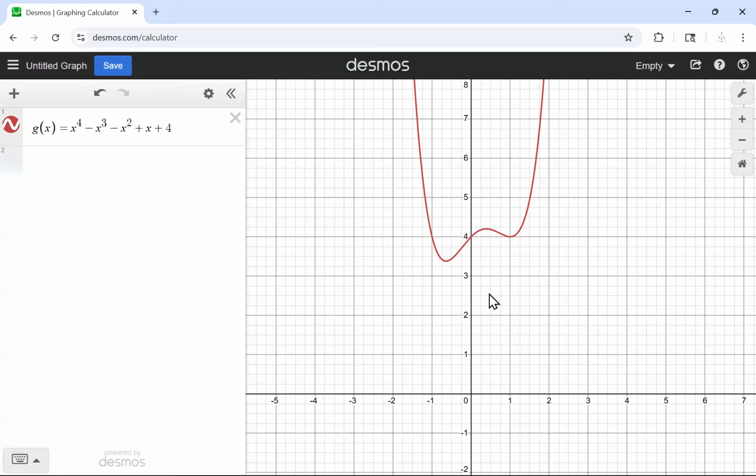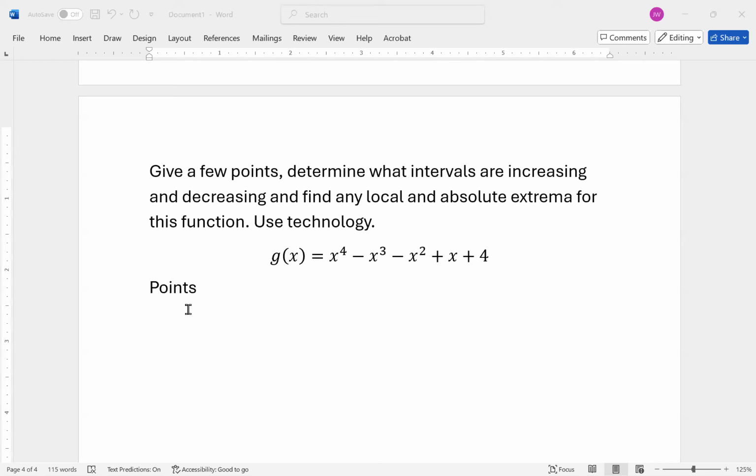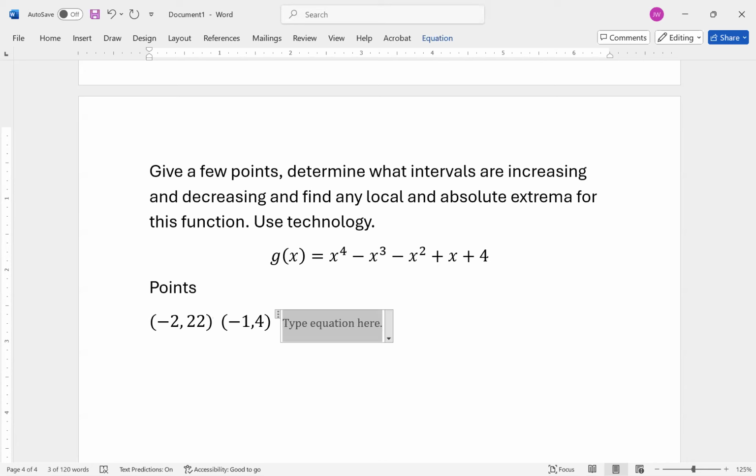Let me write those things down before we move on. So we were supposed to find a few points. We said (-2, 22) was one of the points that we looked at. And another point was the point (-1, 4). Another point was (0, 4).